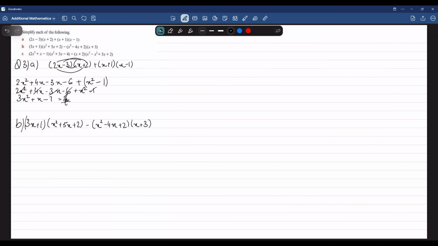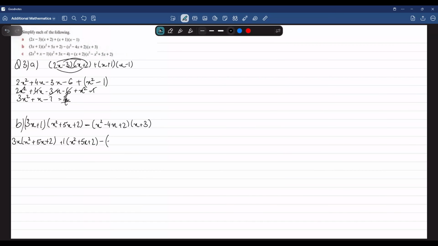So we have the first value, which is 3x multiplied by x squared plus 5x plus 2, plus 1 multiplied by x squared plus 5x plus 2, minus, again, x multiplied by... I'm going to give this in a bracket because we have to multiply by this negative also. So again, an essential thing, we are subtracting this whole thing from this. Okay, so it's really important, when you're going to simplify this, to just place one bracket.